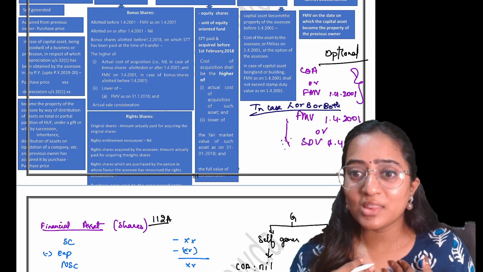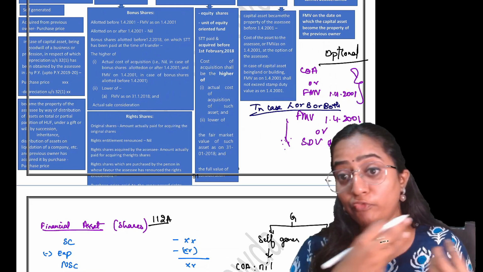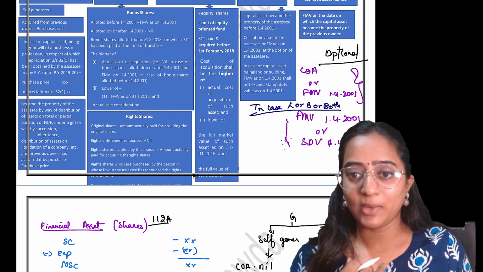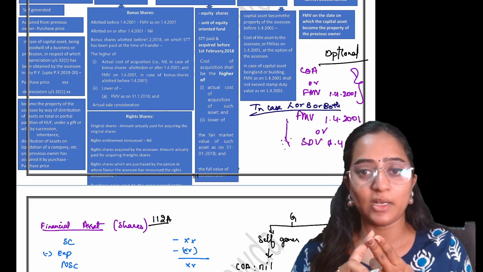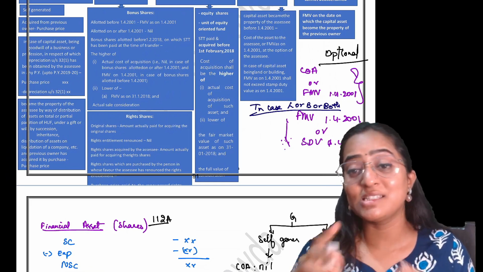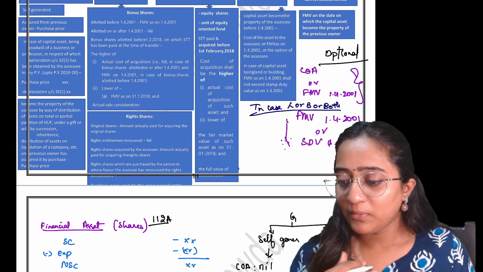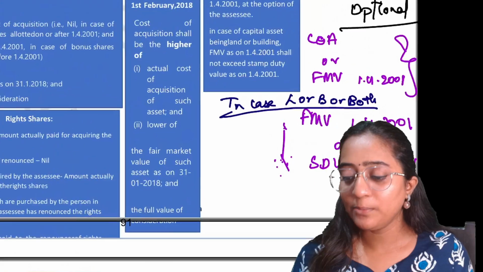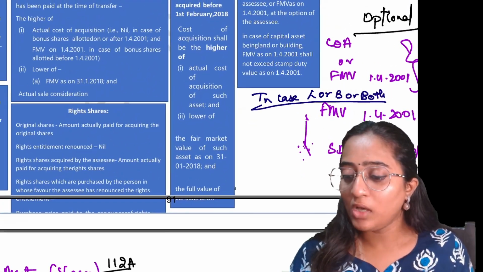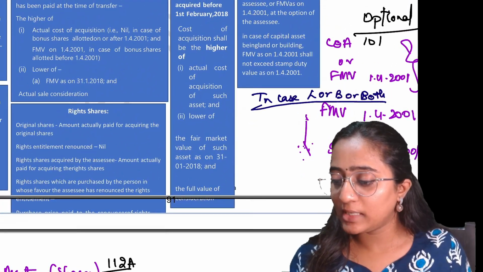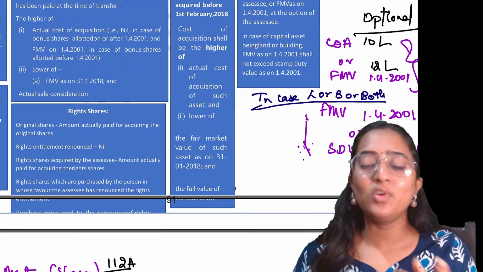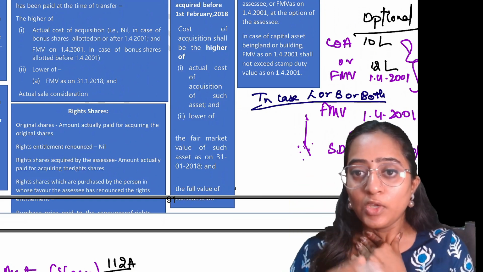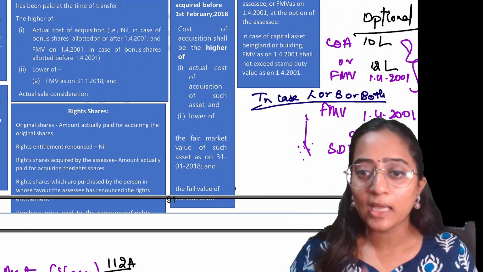If you bought the capital asset before 1/4/2001, then your cost of acquisition would be determined as the actual cost of acquisition or the fair market value as on 1/4/2001, whichever is optional. People, if it is stated as optional here, can I say one thing? If the cost is 10 lakh rupees in this case and the fair market value is 12 lakh, you tell me what you're going to consider as your cost of acquisition. You're going to select 12 lakh only, no?